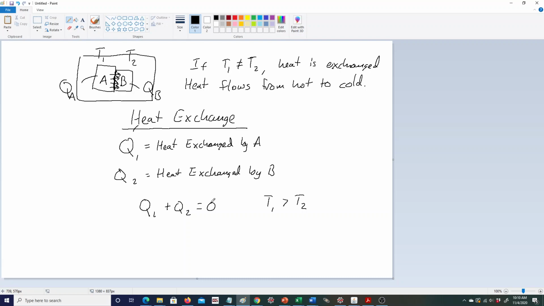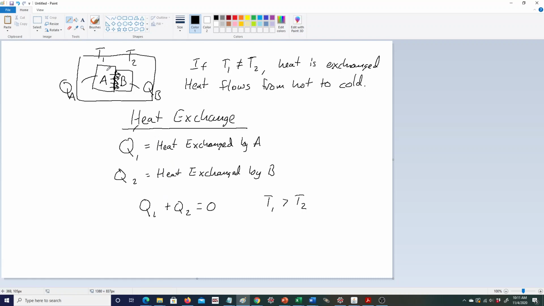So no energy is being lost by the system, but some dynamical things are happening within the system. So what this means is that one of these heats must now be negative.